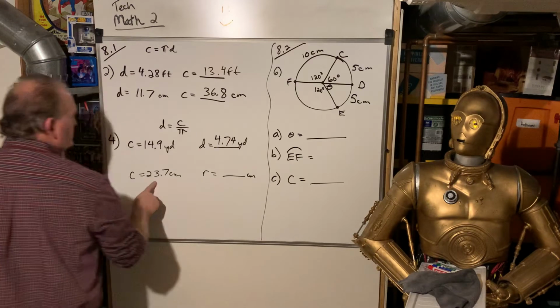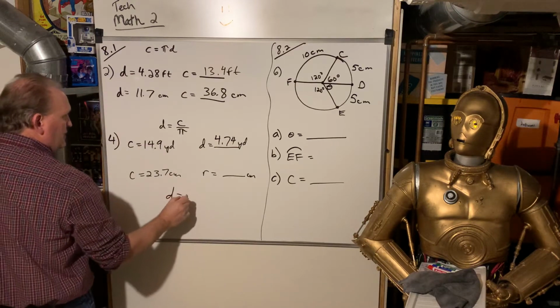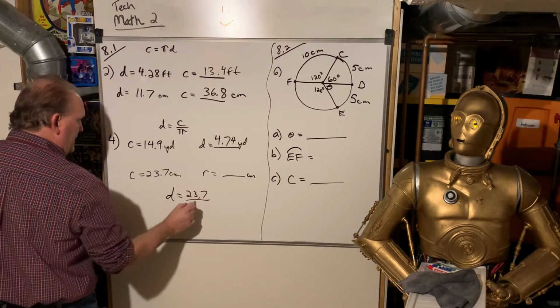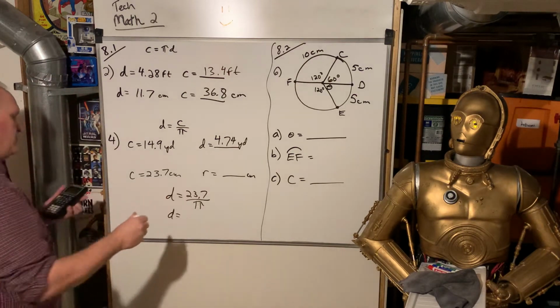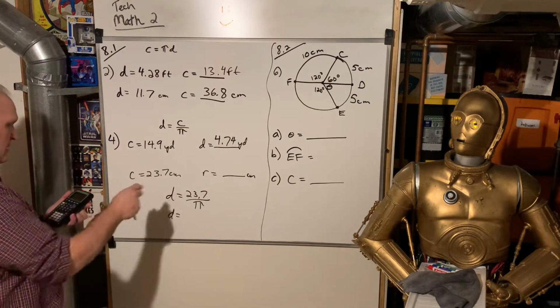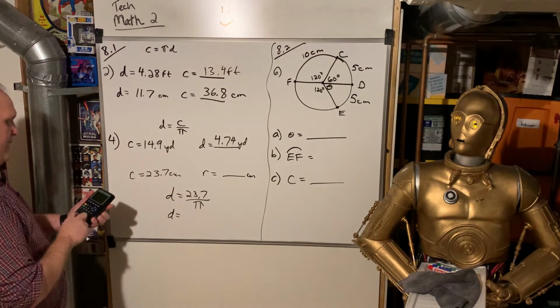And this one is a little trickier because you can find the diameter the same way, but they didn't ask for the diameter, they wanted the radius. So whatever we find here, we gotta cut it in half.